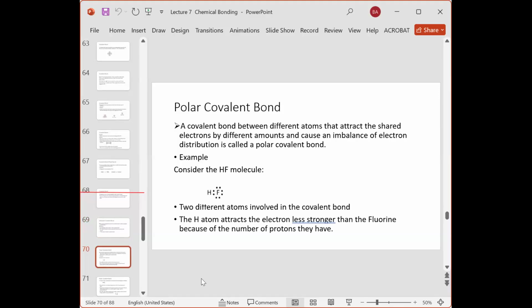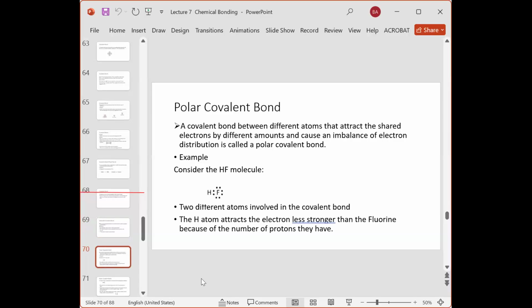So covalent bonds between different atoms can attract the shared electrons by different amounts and cause an imbalance of electron distribution, which is the polar that I was talking about. Let's see hydrogen and fluorine. You have two different atoms involved in this bond.